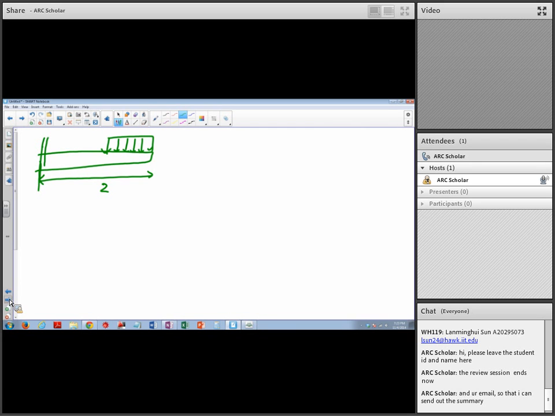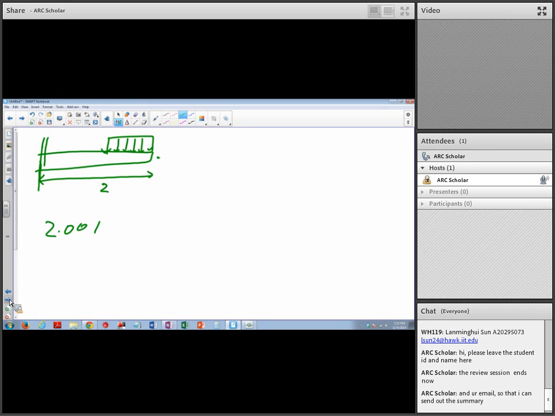What would be the shear force at this point? Anyone know? There would be no shear force here because there's nothing here. Even though this is just 2.01, there is nothing there. There is no shear force there.